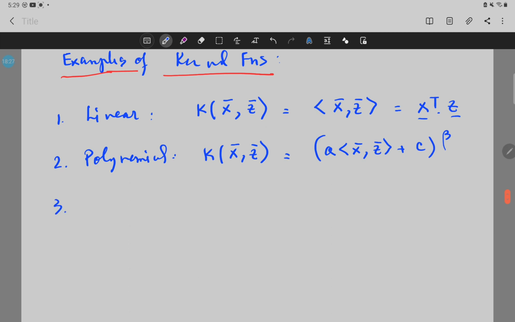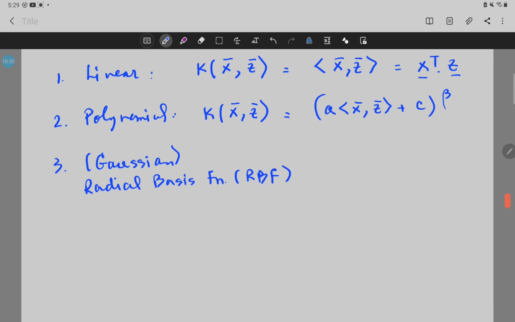For number 3, this one is used quite often. It's called the Gaussian kernel function, but some people call it the radial basis function, or RBF. For this type of function, the kernel function of x and z can be computed from a Gaussian function.